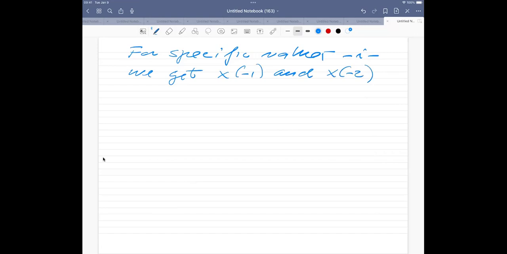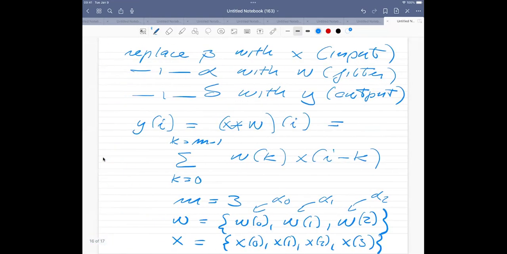My sum runs over the variable k, which is defined in terms of these 3 values, so that runs from 0 to 2. x runs from 0 to 3, so we have 4 elements.